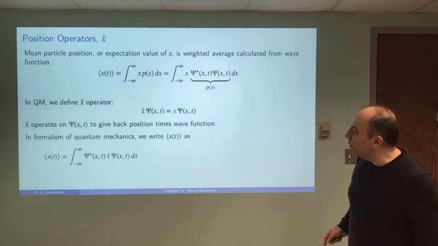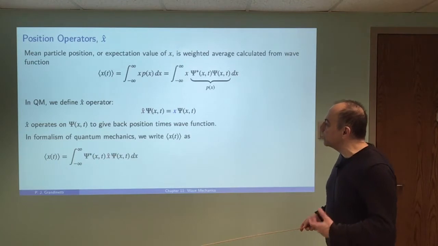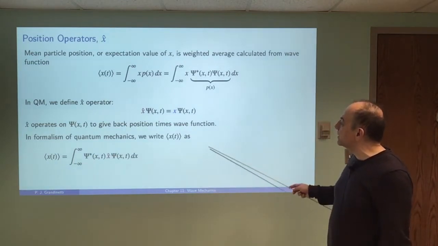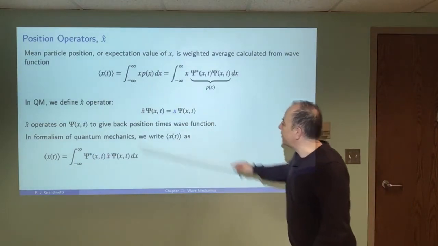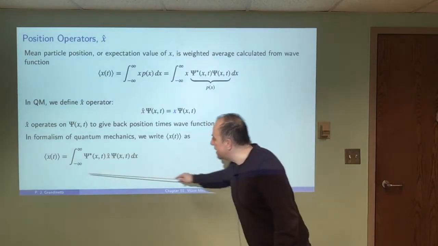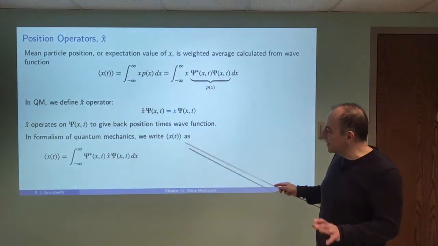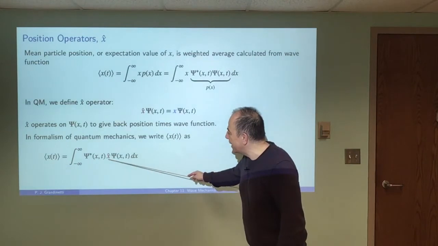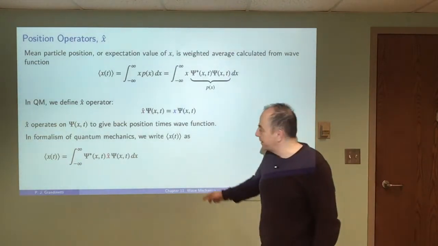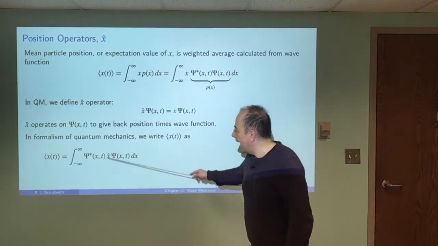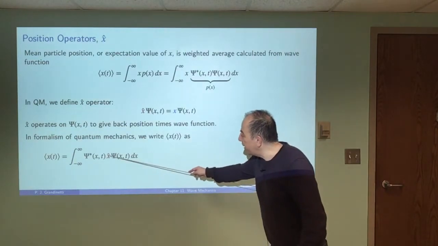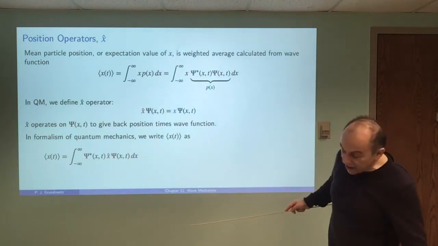Okay. So in the formalism of quantum mechanics, what we're going to do is write this expectation value starting in this form here as this sandwich. In other words, we're going to put the x operator between the wave functions, and we're going to first apply this operator to the wave function to the right.